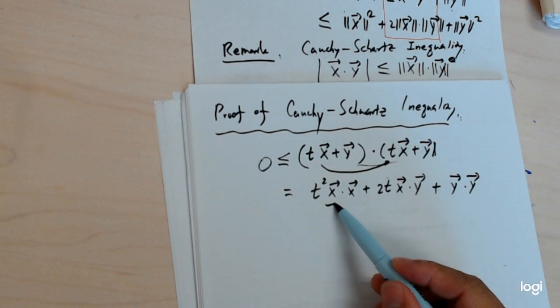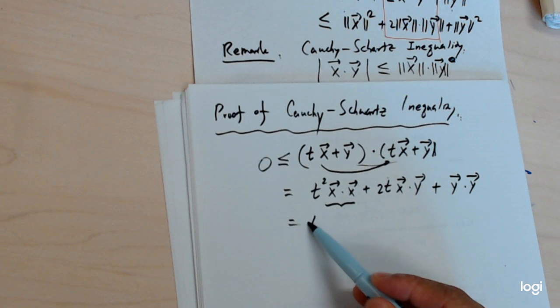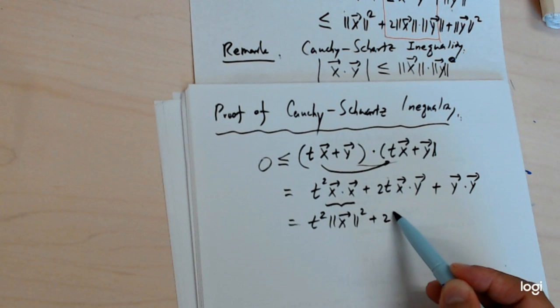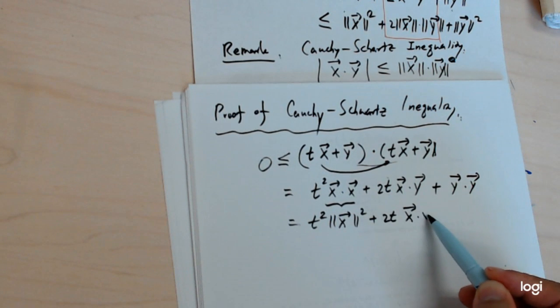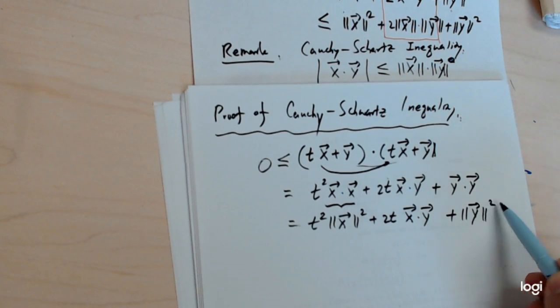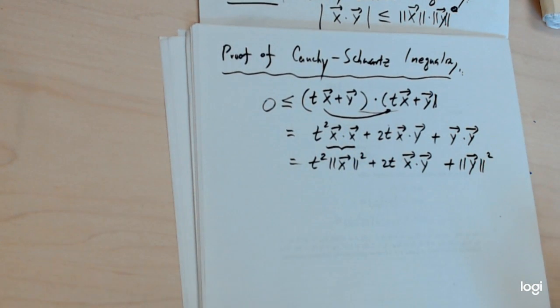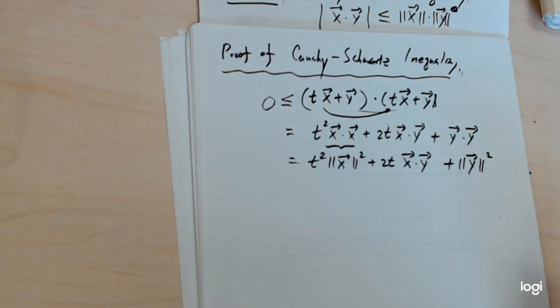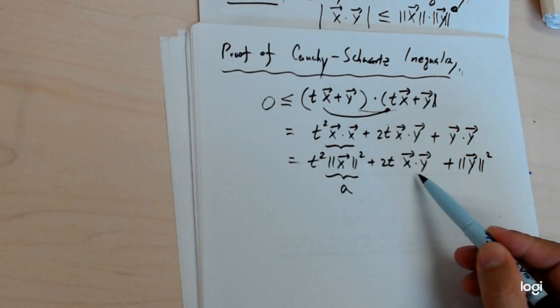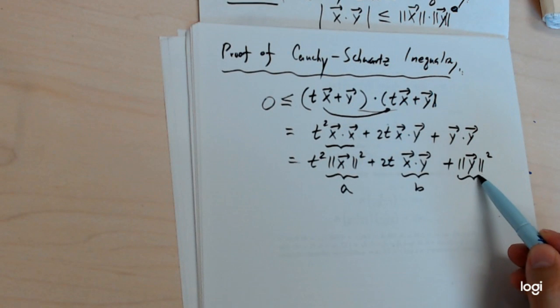Now apply the fact this is x norm squared, this is y norm squared. Now I'd like to call this number a, this number b, and this number c.